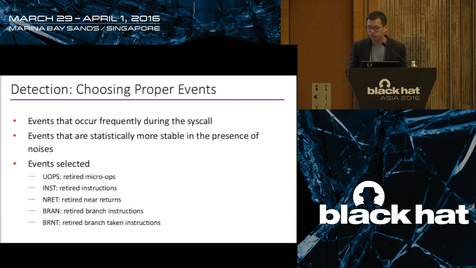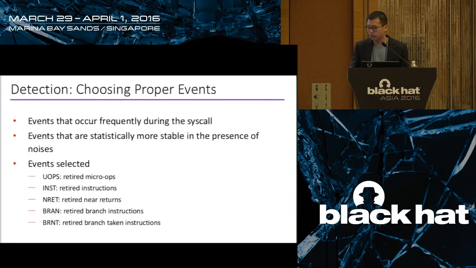And the number of retire micro-ops is the number of simpler instructions that get finished in the processor. Number of retire instructions basically means the number of complex instructions that are finished. The third one is retire near returns. That basically means how many near returns have finished. Near return means that you return to the same code segment.